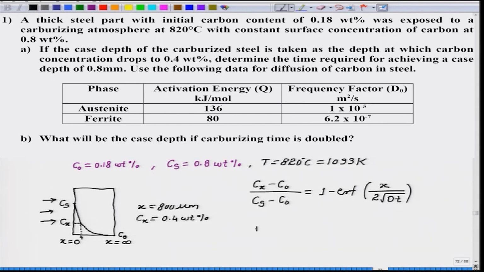So, if we evaluate D equal to D 0 exponential minus Q by RT.